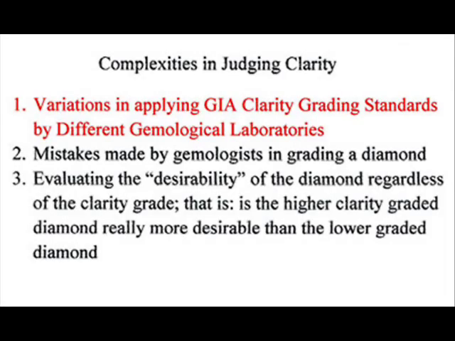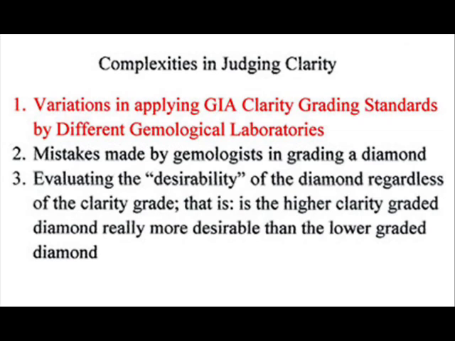Just as in color, different laboratories apply the clarity grading standards differently, either more strictly or more leniently. The GIA is known to apply clarity grades strictly, while the EGL, the European Gemological Laboratory, and the IGI, the International Gemological Institute, are known to apply them more leniently. So to compare clarity grades that are the same from laboratories which are different is not comparing an apple with an apple.